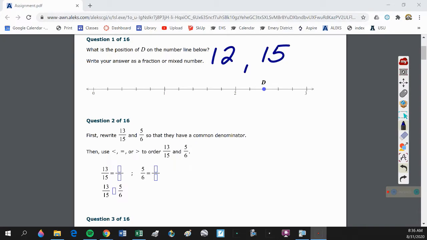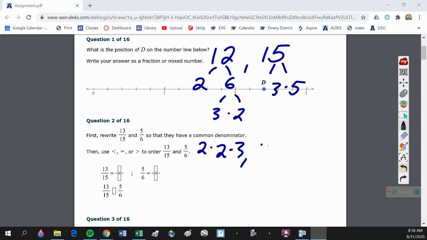You break 12 into its prime factors. 2 times 6, 3 times 2, and 3 times 5. Okay, I'm going to put them in order. So 2 times 2 times 3, and 3 times 5.